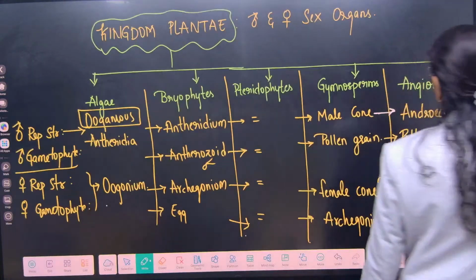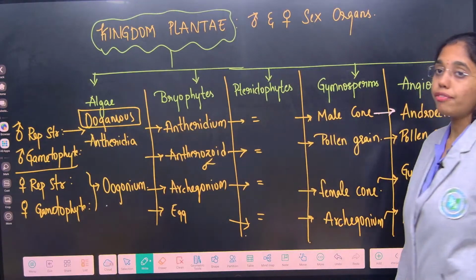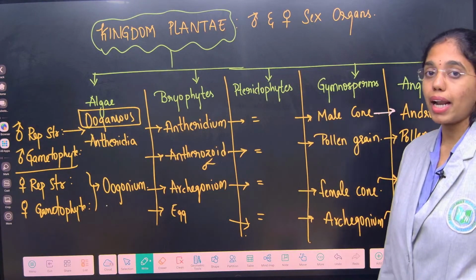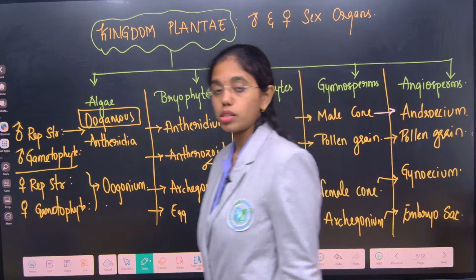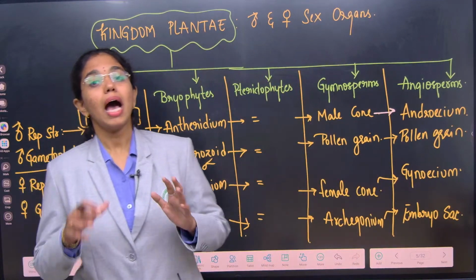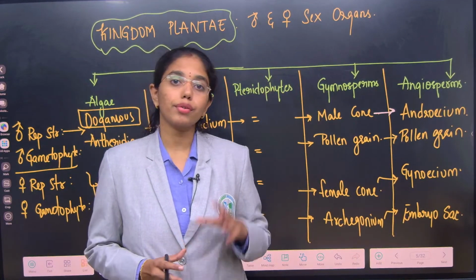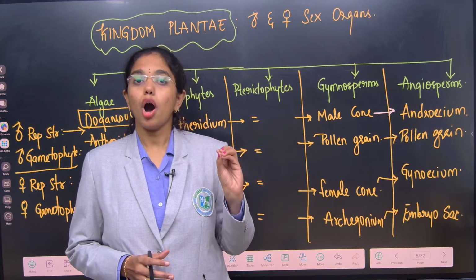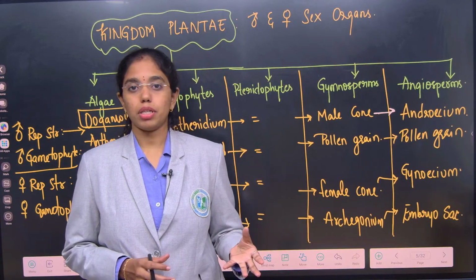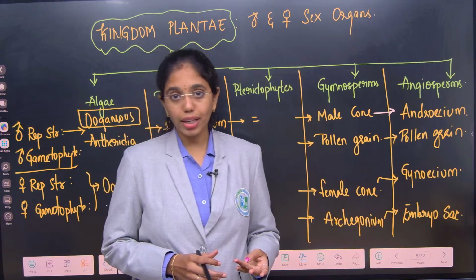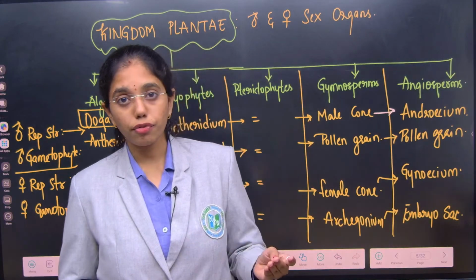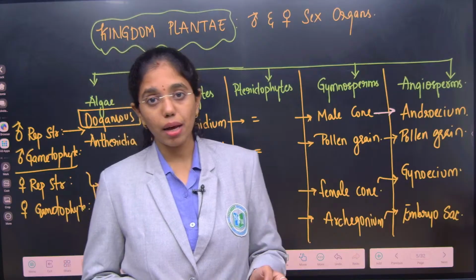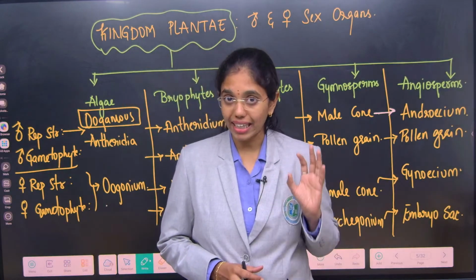We also observed male and female reproductive structures with male and female gametophytes of all the five divisions, and then we looked into the general characteristic features of algae with examples, their habitat, symbiotic association, and varied forms like unicellular, colonial, filamentous and large marine forms like kelps.